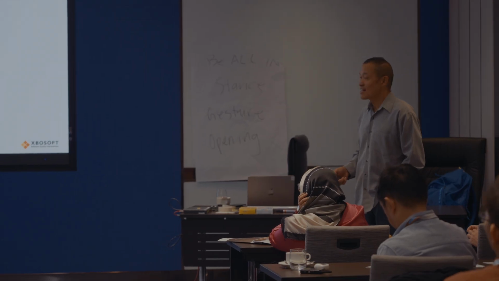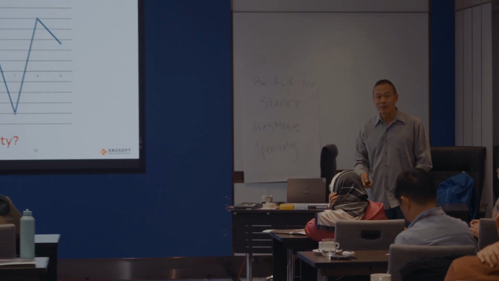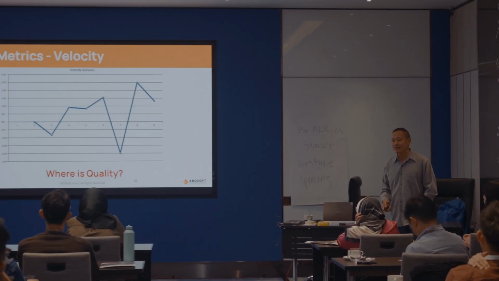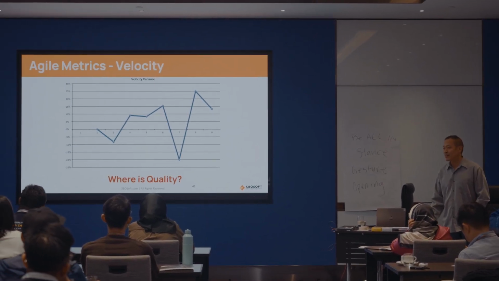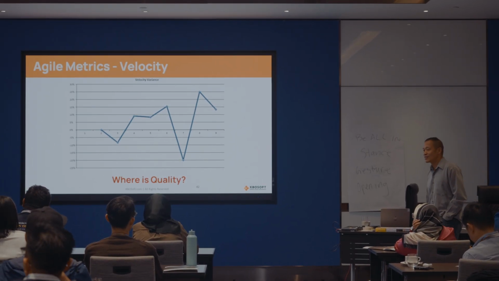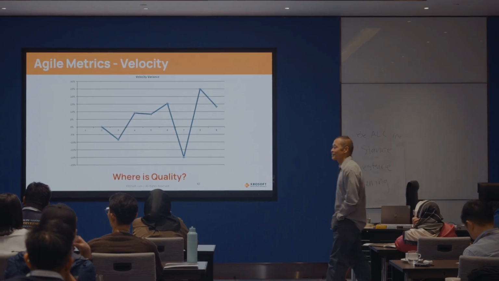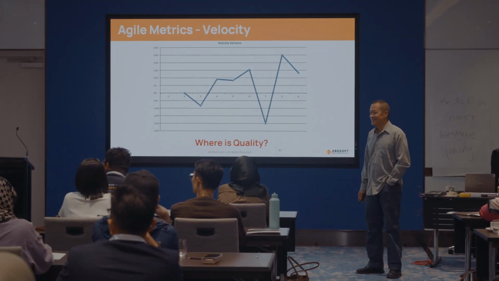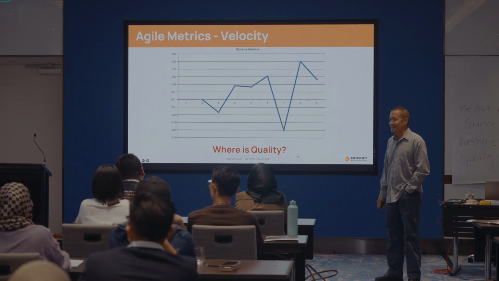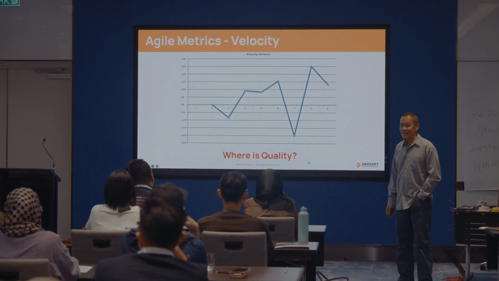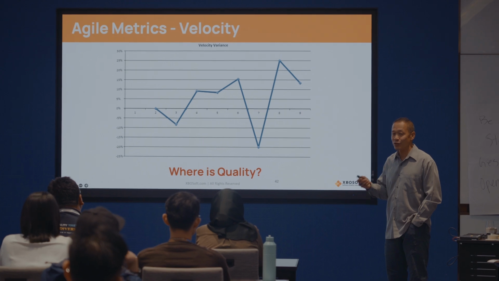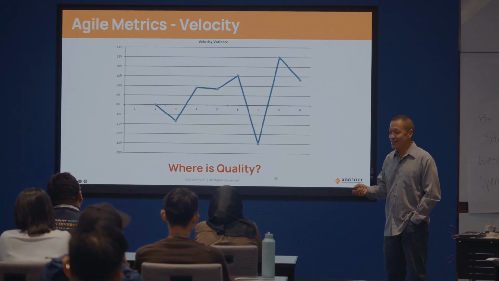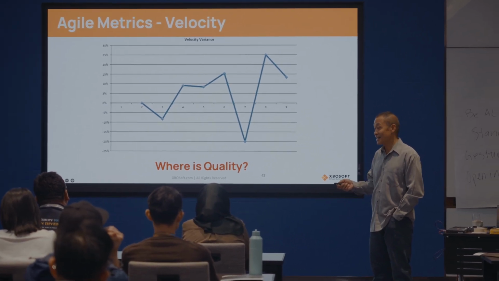Okay, velocity. So who measures velocity in their agile process? Does anybody measure velocity? Okay, so what does it do for you? Okay, good. So that's the purpose of the velocity, is planning your work, not to get faster, not necessarily to get faster.